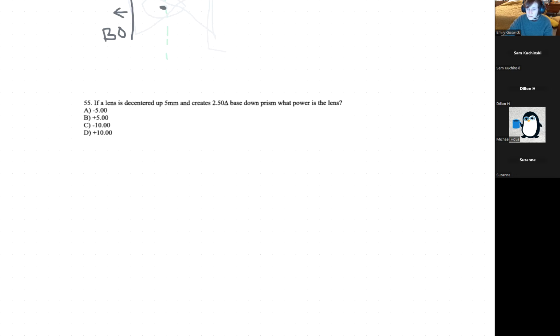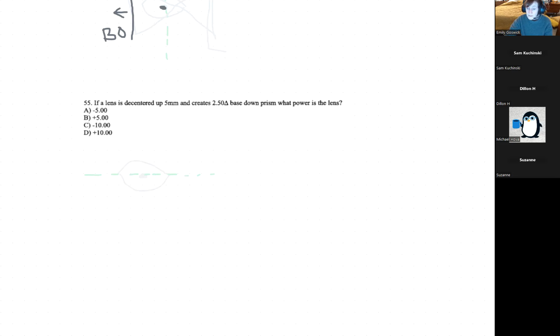So let's make our eye here. And ideally, now we know that we're going to be moving up and down, so I'm going to make my green line where the bases should actually be. So we know that it is decentered up 5 millimeters.